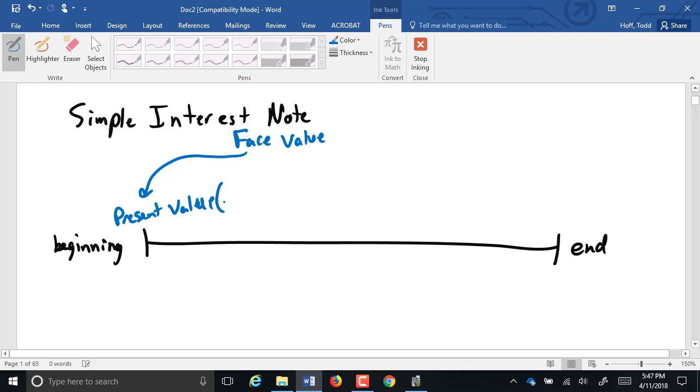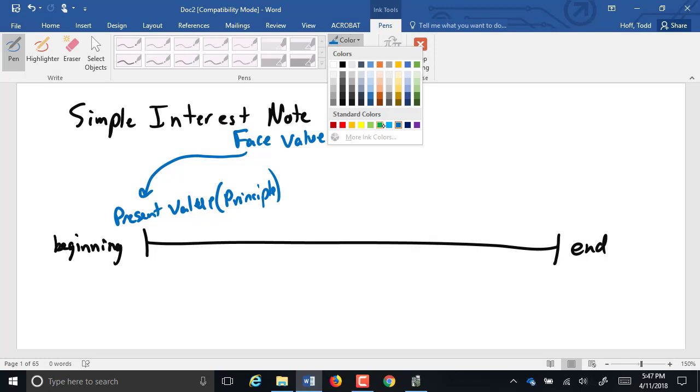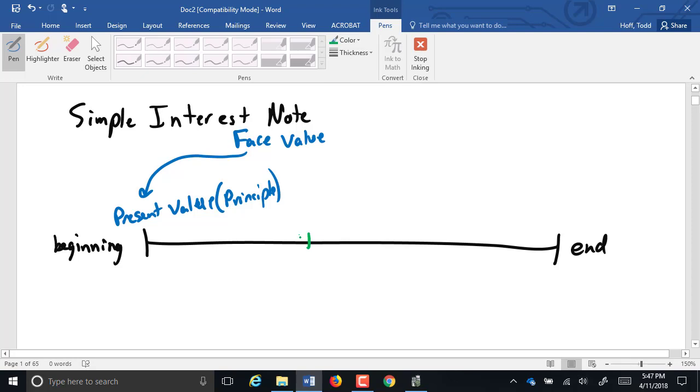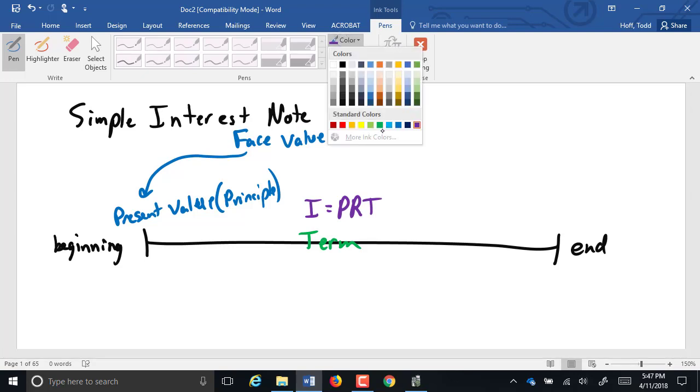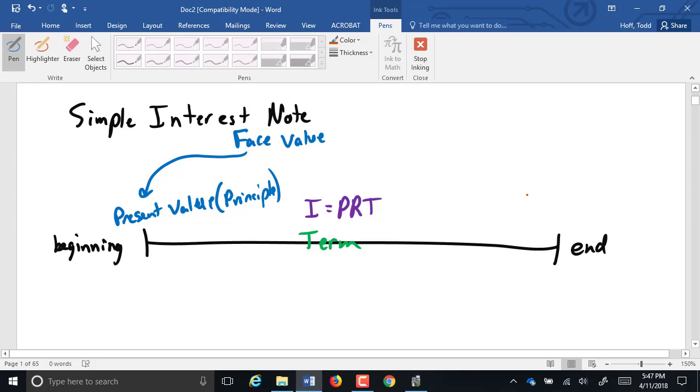Or, as we've often called it in simple interest, the principal. And of course, over the term of that note, it accumulates interest, which is P times R times T, PRT. And at the end of the note, there is a maturity value that is equal to the principal plus the interest.